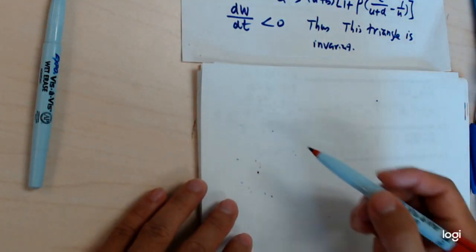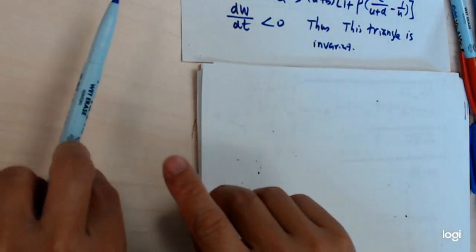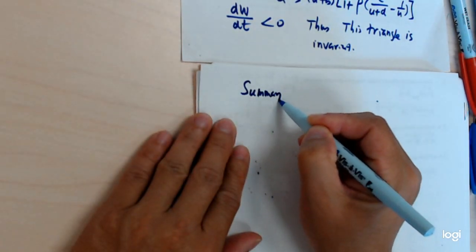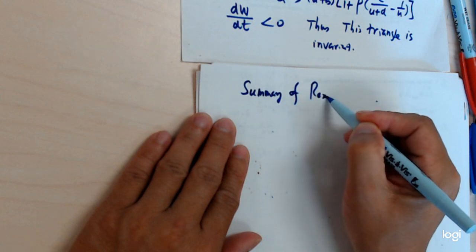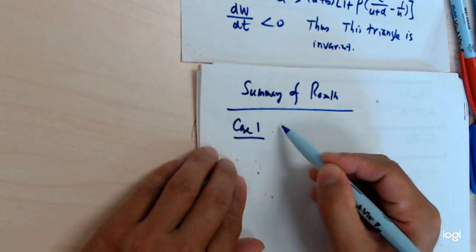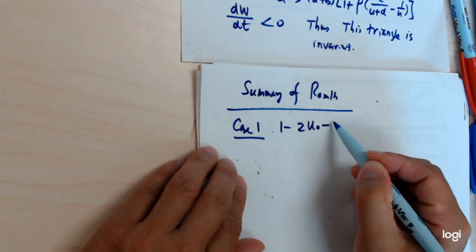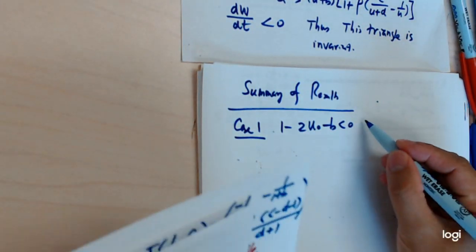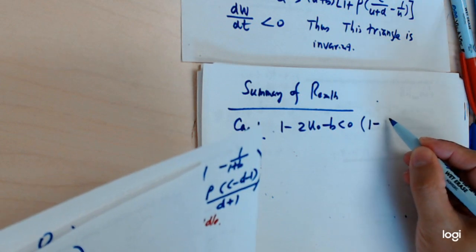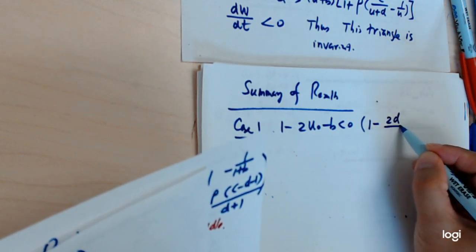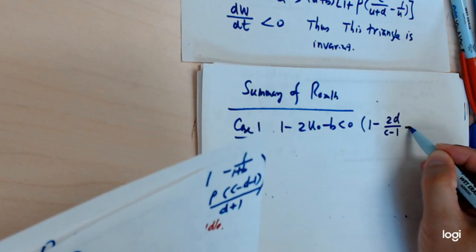Let me put this in a summary so you have a better idea of what I'm talking about. A summary of results. Case 1. This is identical to this condition here, because normally the condition is in terms of the parameters that we have.